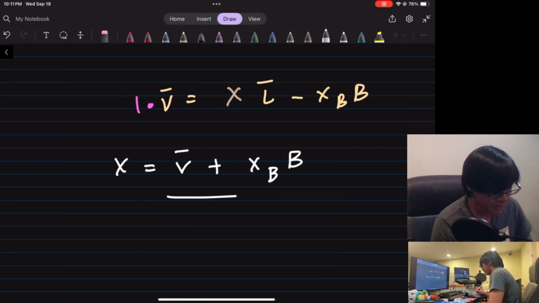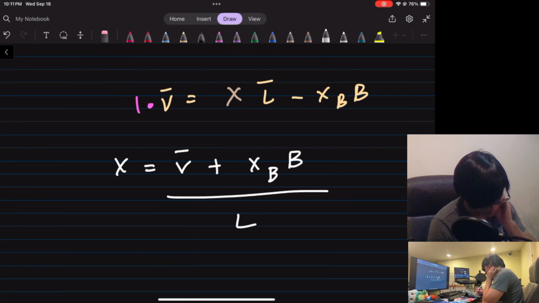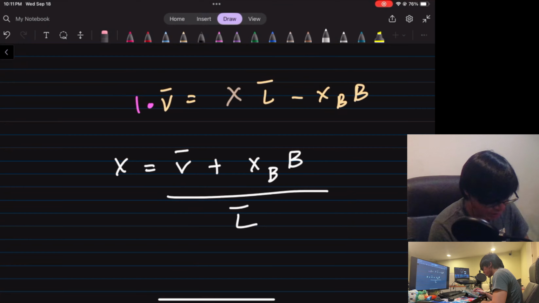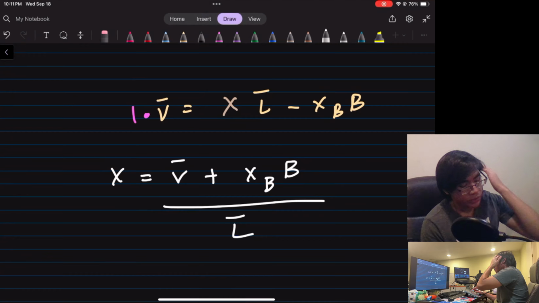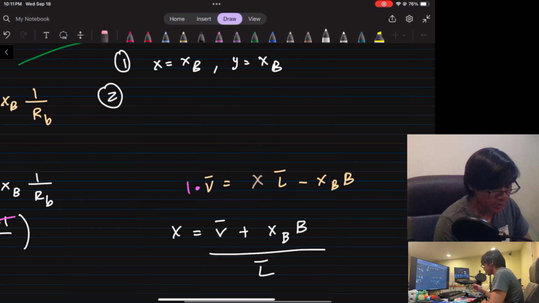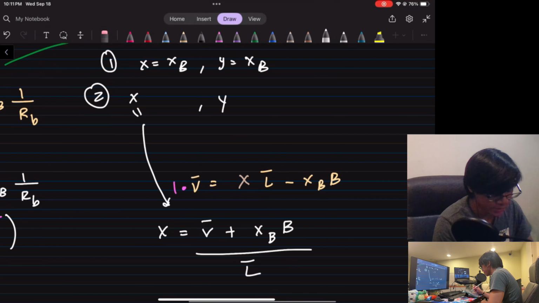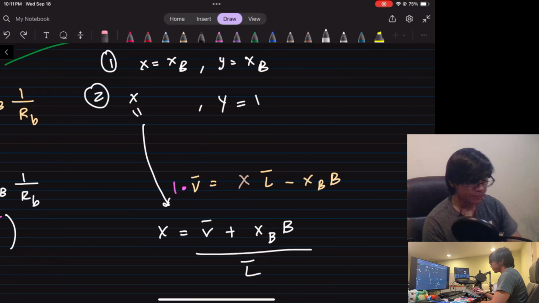Divide all of that by L bar. Checking. Yeah, should be good. So again, x is in this expression here, I won't bother to write all that out, and y is equal to 1 right there.